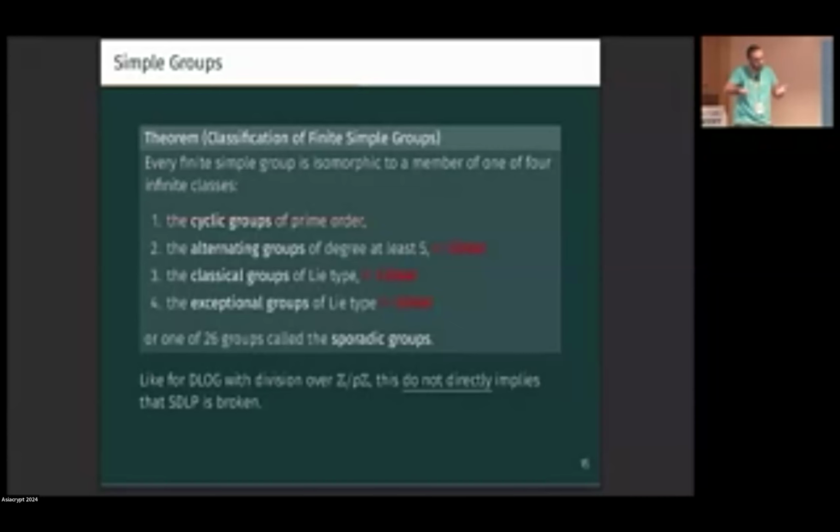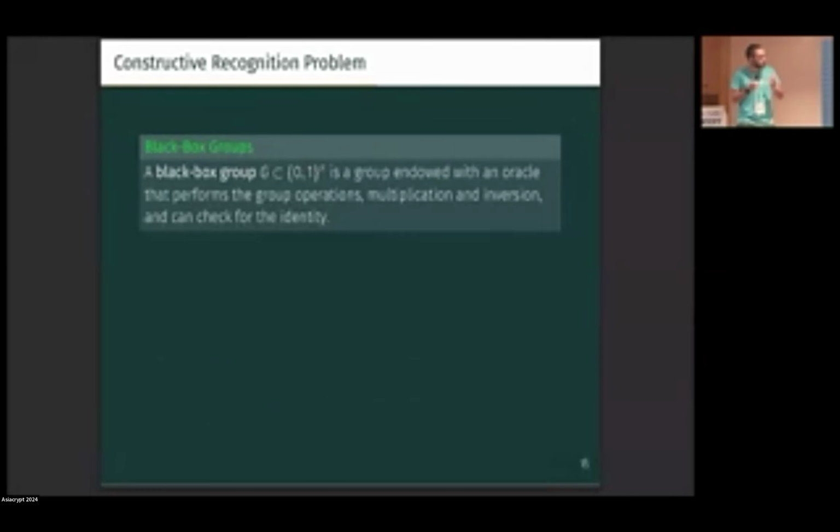You need to compute the isomorphisms between groups. So we need to put ourselves in a slightly more generic situation. And the model we use is called the black box group model, where you suppose that you have a group with some oracle that will compute for you the multiplication, the inverse, and the comparison between elements.